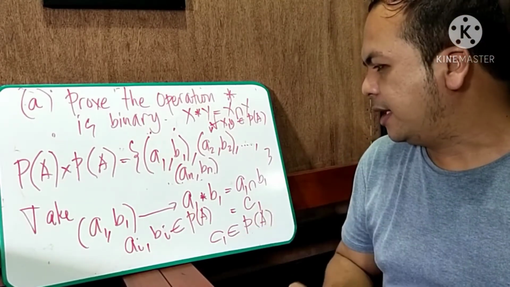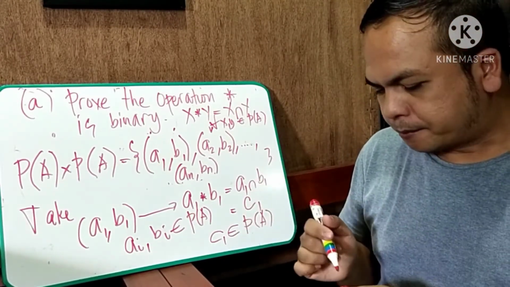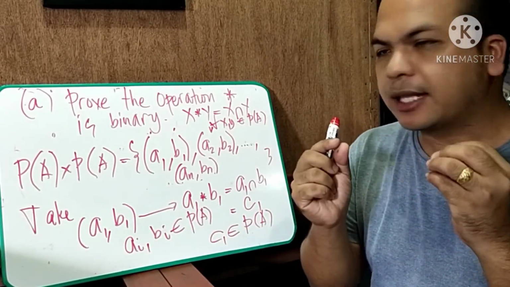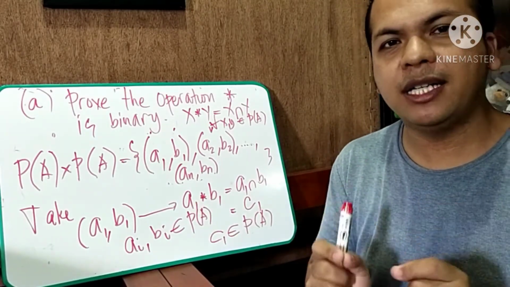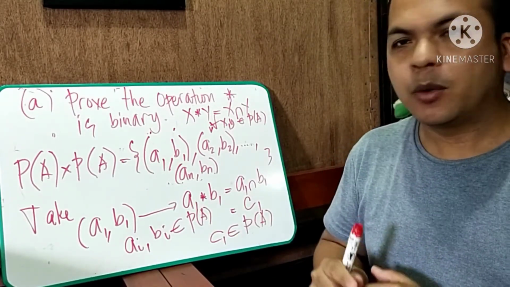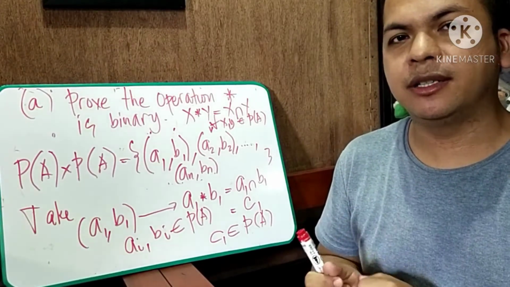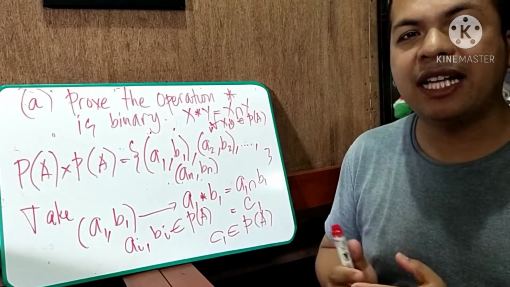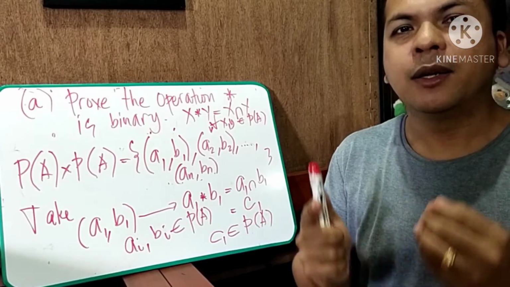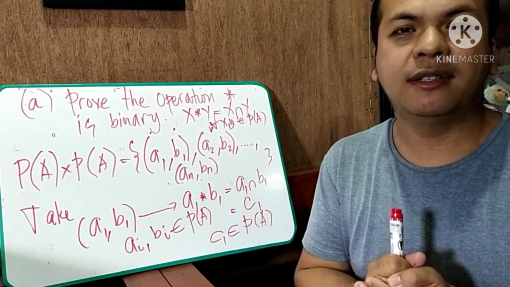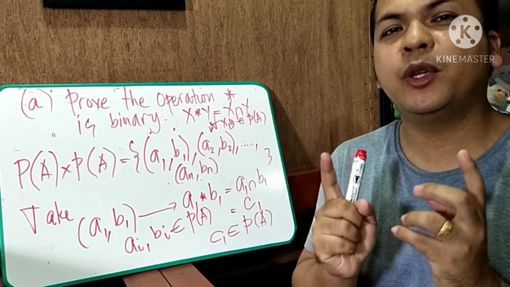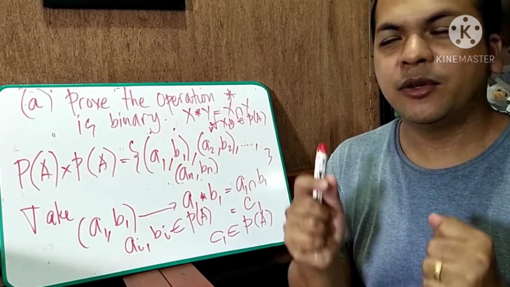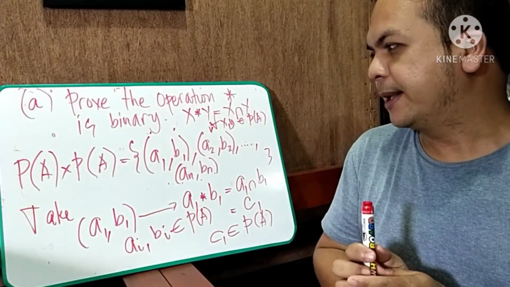Okay. So we are sure na if we take this ordered pair A1, B1, yung kanilang star denoted by A1 star B1, which is equal to their intersection A1 intersection B1, say, denote natin na C1 yun. However, we are very sure na yung C1 na yun would be an element, of course, of the power set of A.